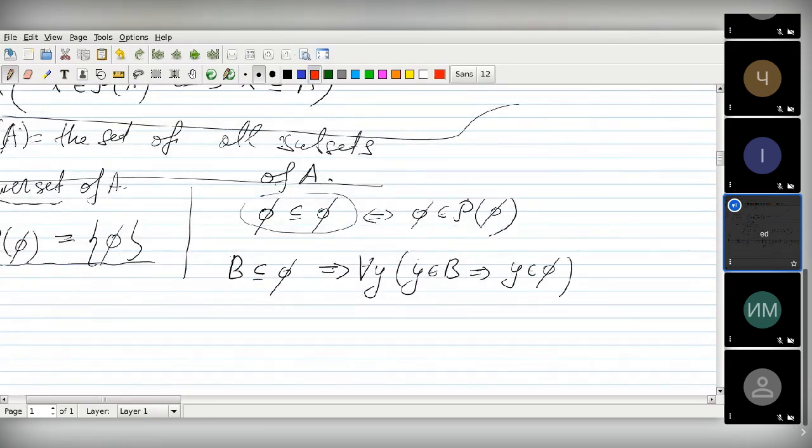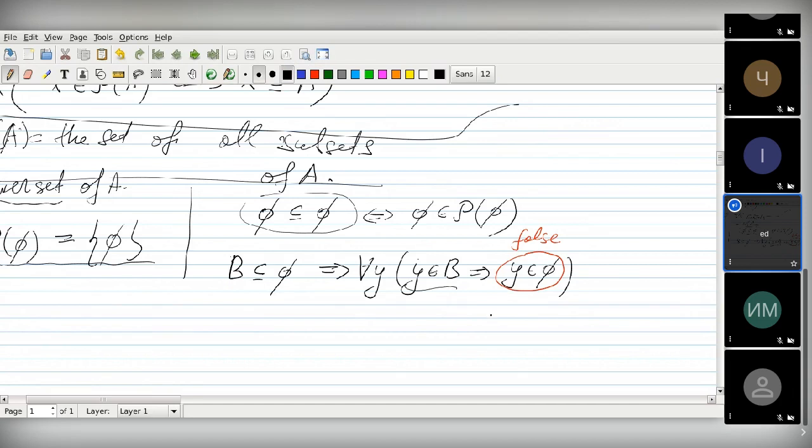But the empty set has no element. So this conclusion is false.